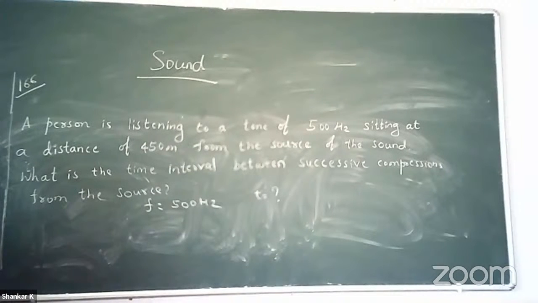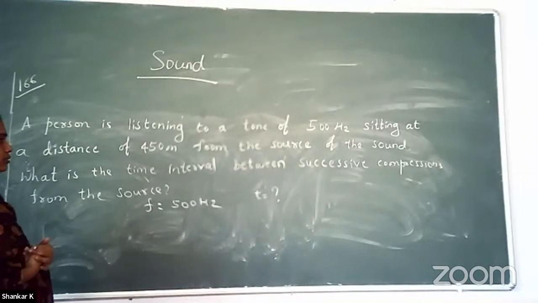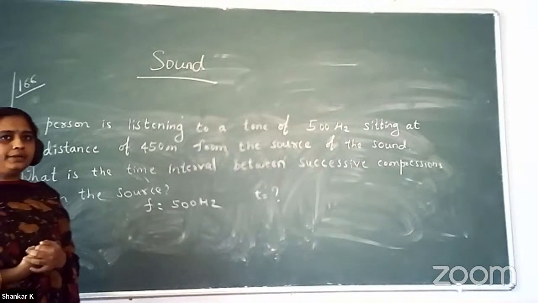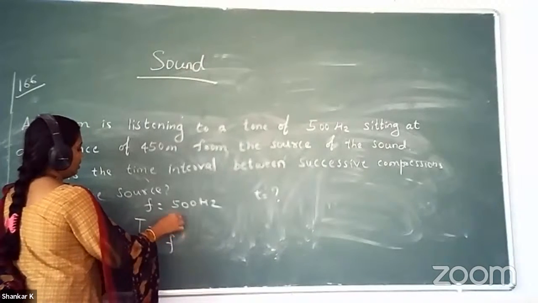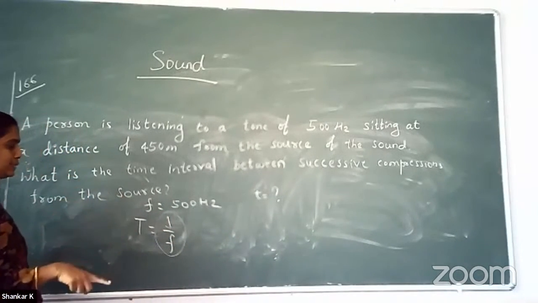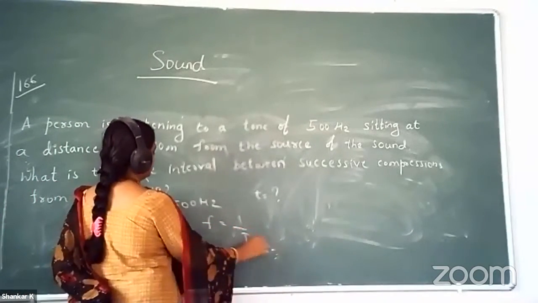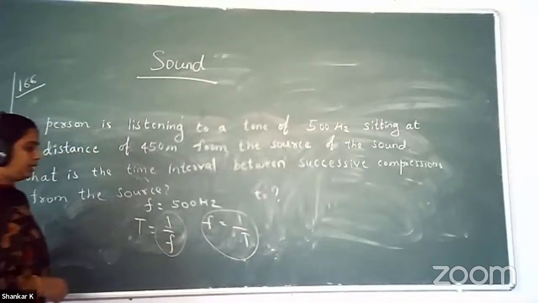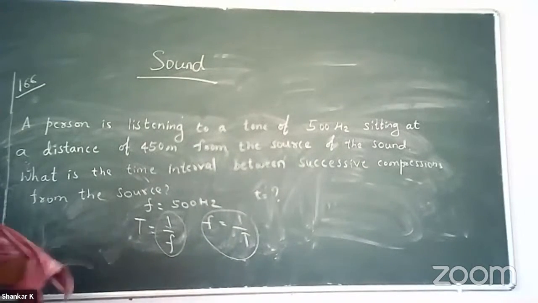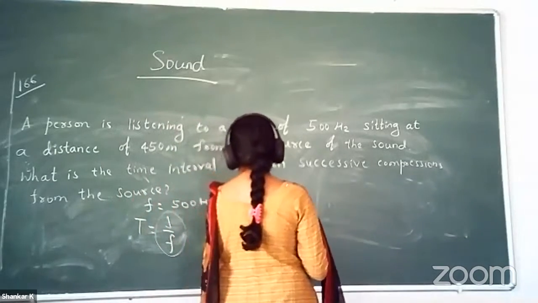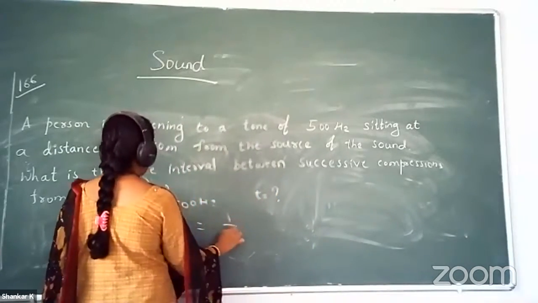What is the formula of time period, students? The relation between frequency and time period: T is equal to 1 by f, and f is equal to 1 by T. Here we have to find time, which is 1 divided by f, so 1 divided by 500.